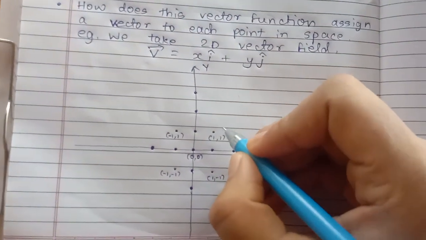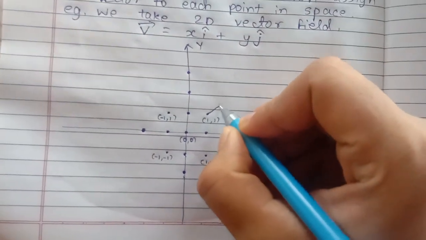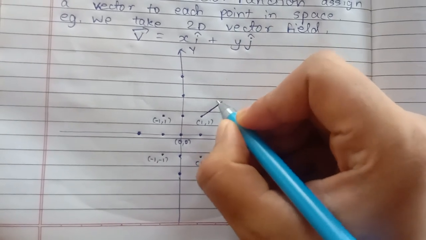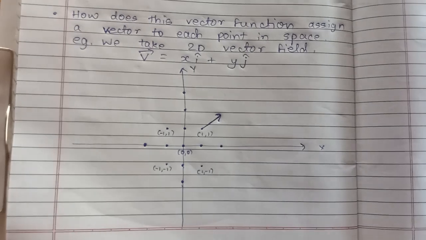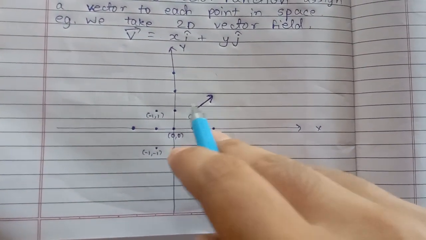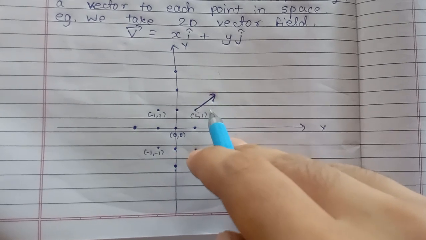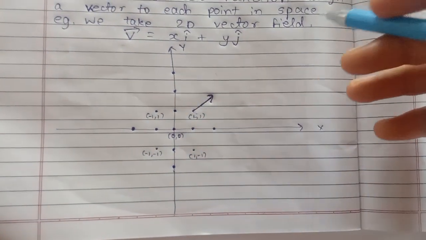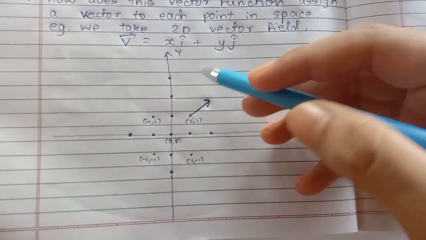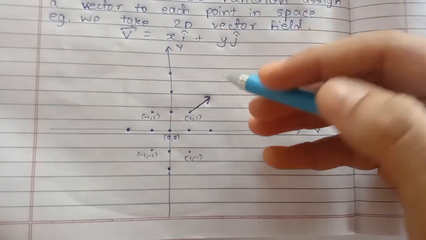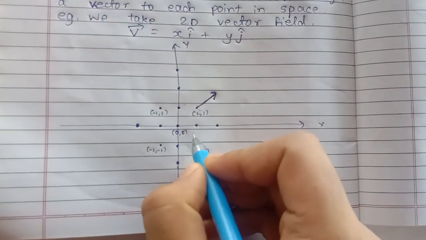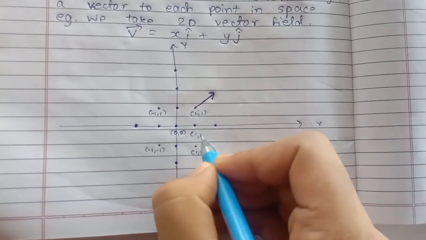So this vector is somewhat like this. That is one unit forward in the x direction and one unit above in the y direction, that is i cap plus j cap. Now we will take another point, 1 comma 0.